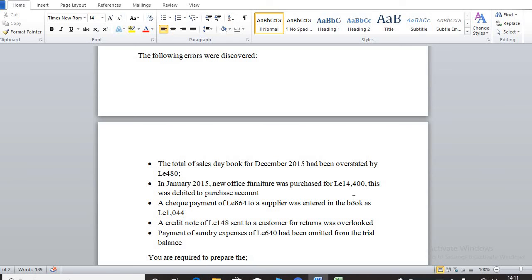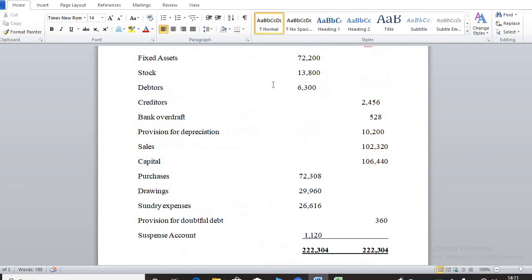In order to remove it from the purchases account, you have to credit the purchases account, then we debit the asset account, so that the amount shown here can reflect the actual amount that is supposed to be. This one was understated by 14,400 and this one was bloated by 14,400.